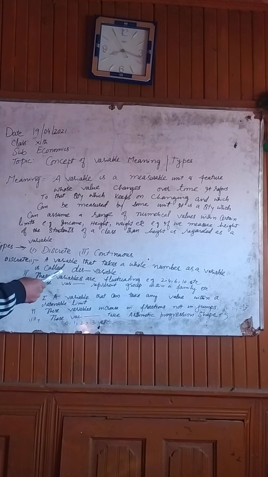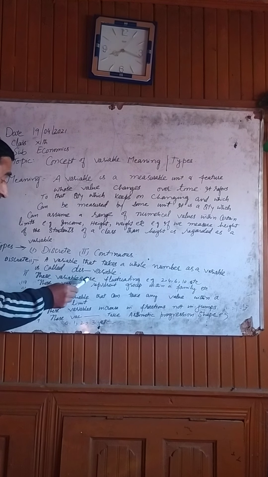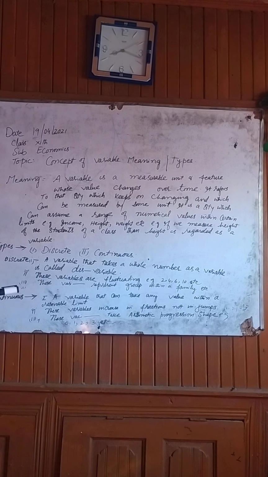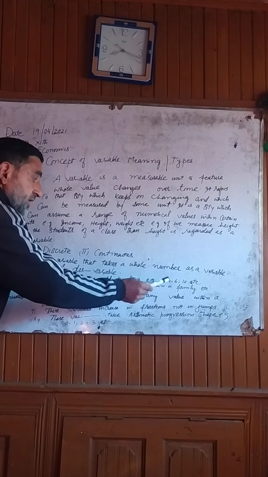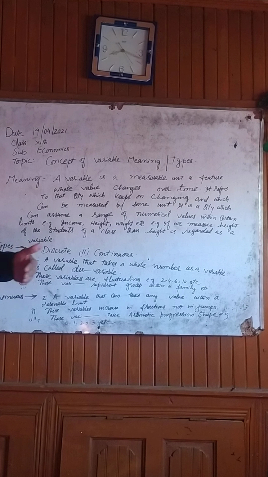These variables are fluctuating, for example 2, 4, 6, 8, 10, 12, 13 or 20, etc. It means they change their position, but in an unsystematic manner. It ought to be 3, then it ought to be 4, but here it is 2, then it jumps to 4, then 6, then maybe 10 or 12 or 13, etc. These variables represent a group within a family or a class.